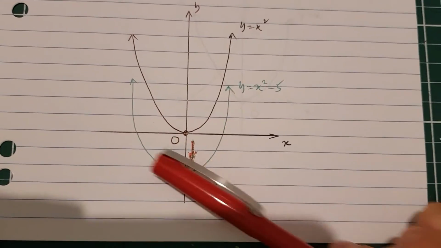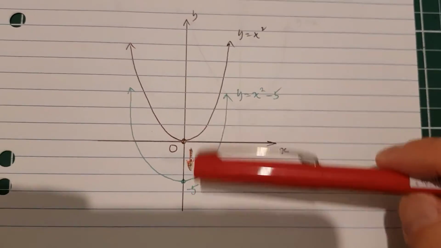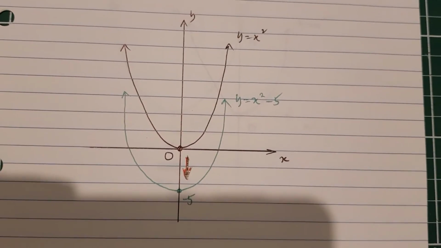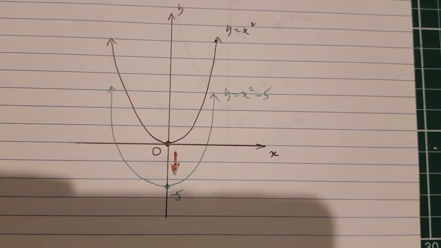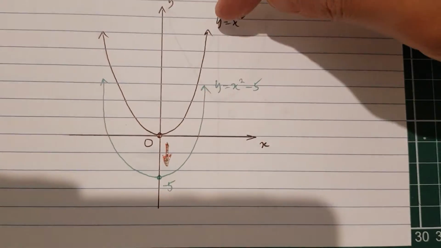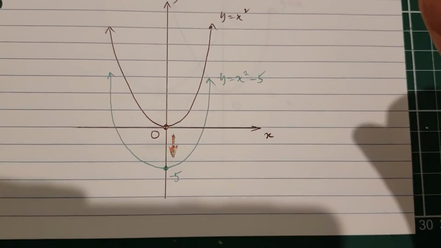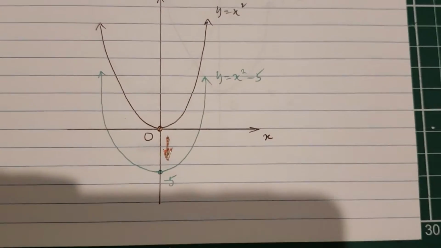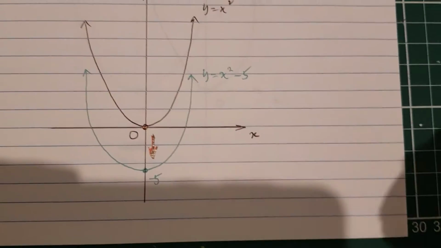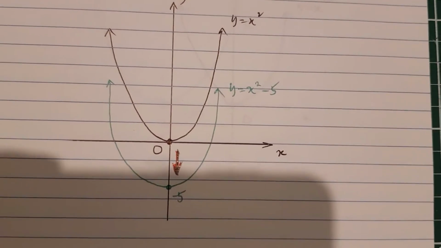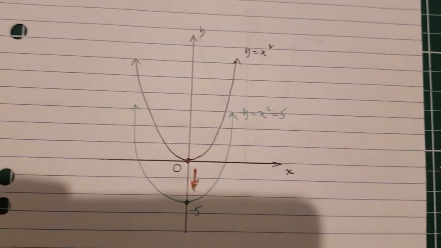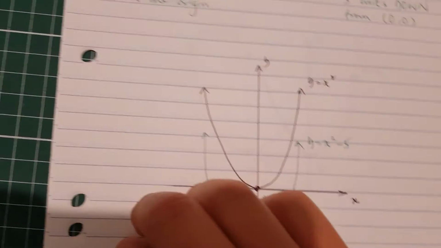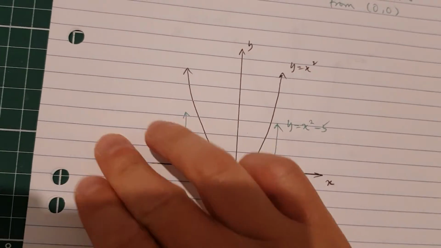All you're doing with these transformations in this chapter is preserving the shape, moving up or down or sideways or a combination of both. You're not stretching or contracting the original curve. That's an important thing to note. That's called translation. Moving it just means moving.